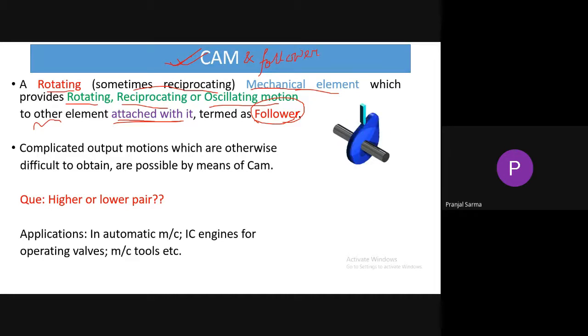Whatever normal motion you know from the different mechanisms we have already studied in past modules, the output motion that you get is a certain kind of standardized motion. It is not unique or tailored, but a standard motion. For example, take the reciprocating motion of the slider in the slider crank mechanism.